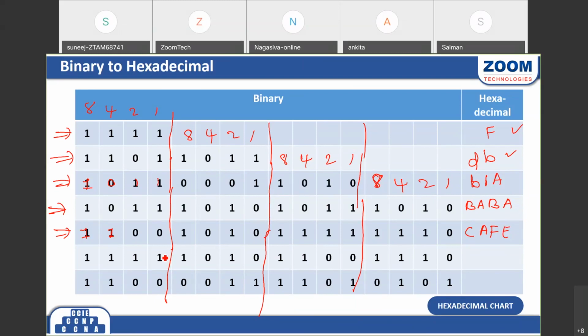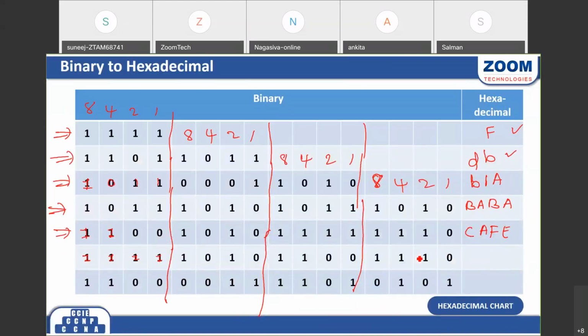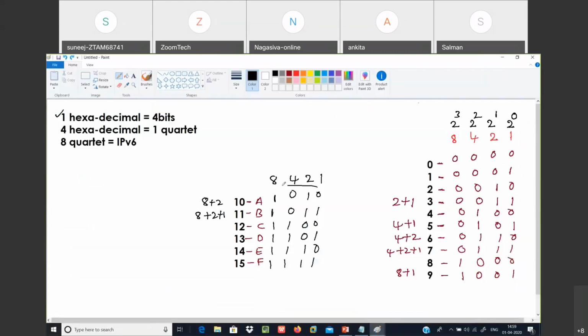I'm repeating two more examples. Just try to concentrate here. See, 1, again 1, again 1. Four ones means what's the value, guys? F in hexadecimal. 1010 is A, right? 1010 is what?